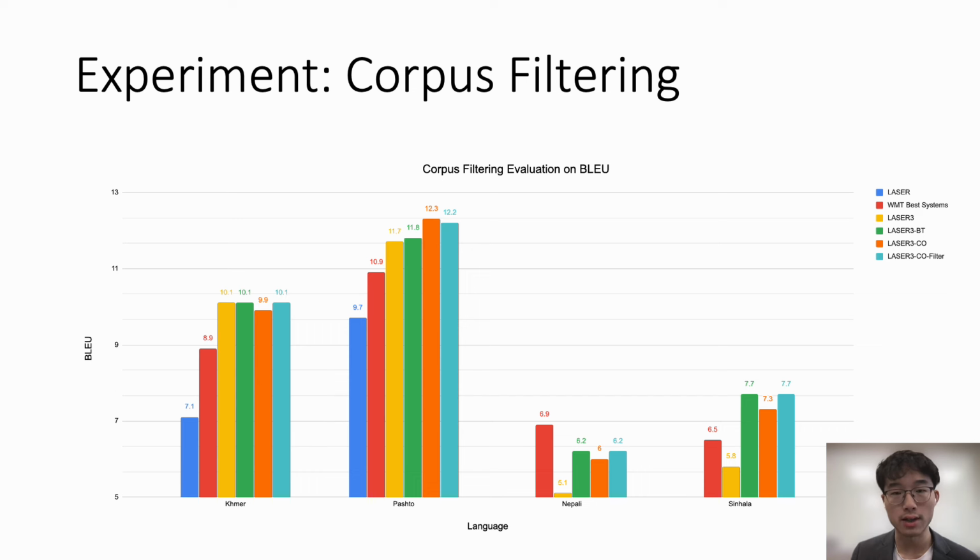So they are specialized models for those languages for corpus filtering. And we are able to beat their performance by using LaBSE with back translation data, for example, which shows the effectiveness of augmenting with back translation data.